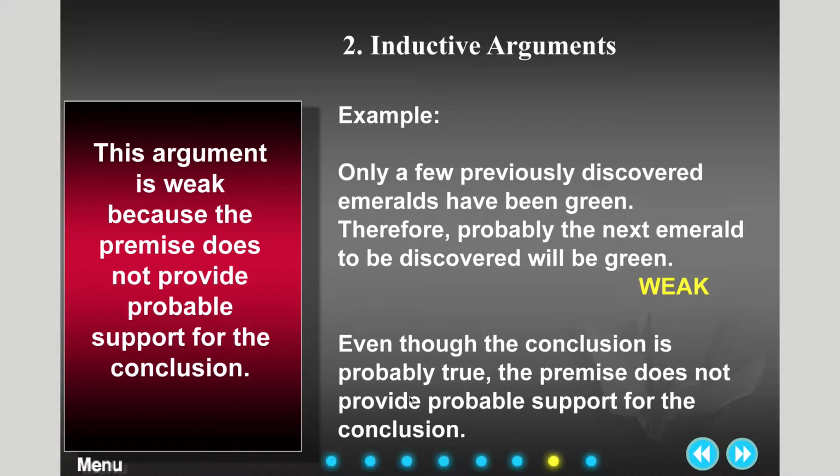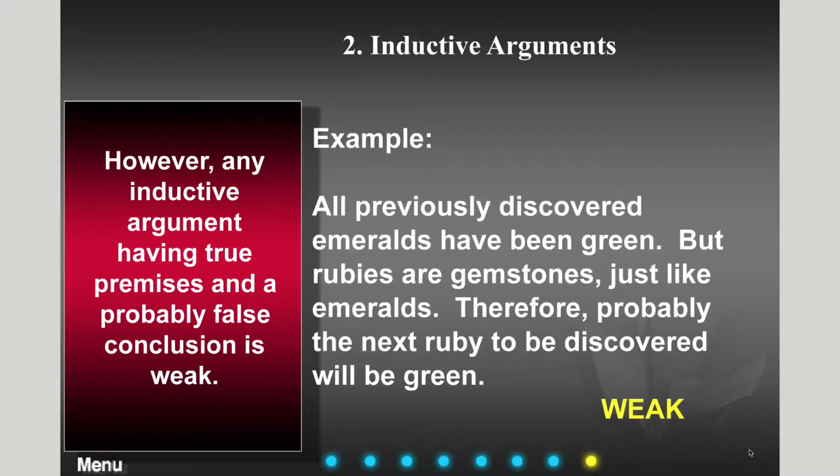So even though the conclusion, again, don't look at whether the conclusion is true when you're asking about validity or invalidity, and don't look at the conclusion if you're asking if an inductive argument is strong or weak. Even though the conclusion is probably true, the premise does not provide that support. It makes it a weak inductive argument.